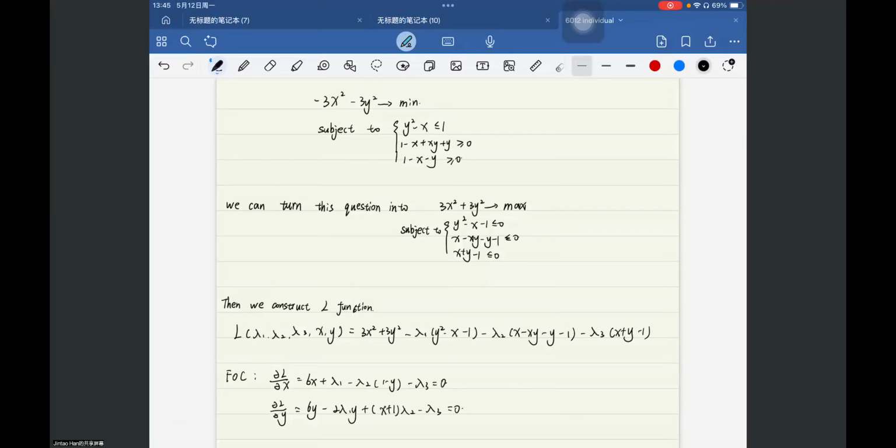We can turn this question into 3x squared plus 3y squared and find the maximum.